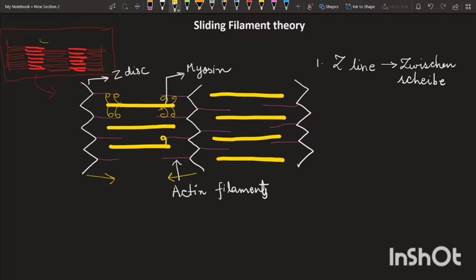Now since it has attached to this actin filament, as you can see over here, it undergoes a power stroke.